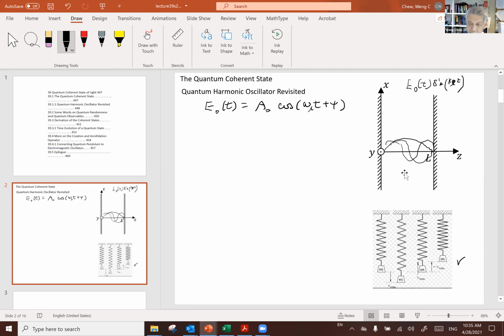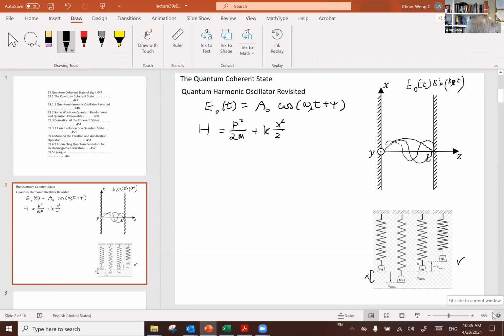So we started out with a classical pendulum. We say that in a classical pendulum, the Hamiltonian is given by this equation over here, where x is this thing that we have here. x is just this displacement in the x direction. And that would be the Hamiltonian for a classical pendulum.